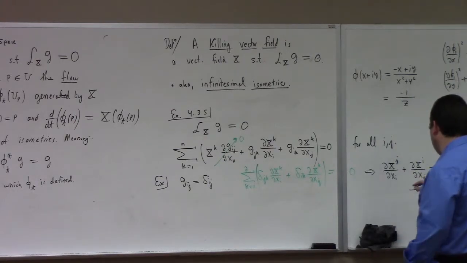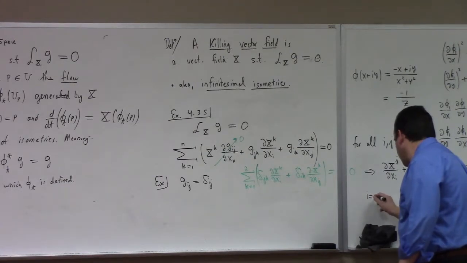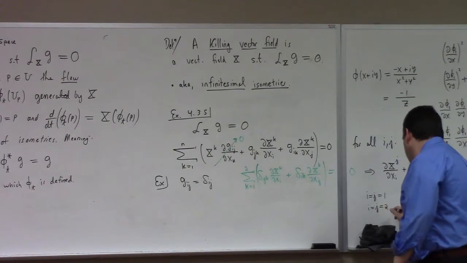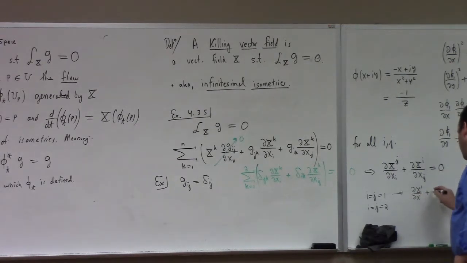So what do you get here? We can look at different cases. We've got i equals j equals 1, and i equals j equals 2. What's that give us? Partial x1 partial x plus partial x1 partial x equals 0. And this one gives me partial x2 partial y plus partial x2 partial y equals 0.